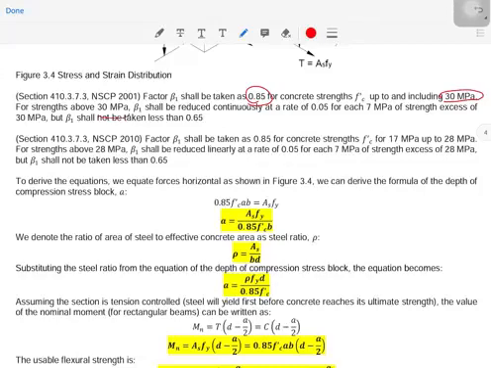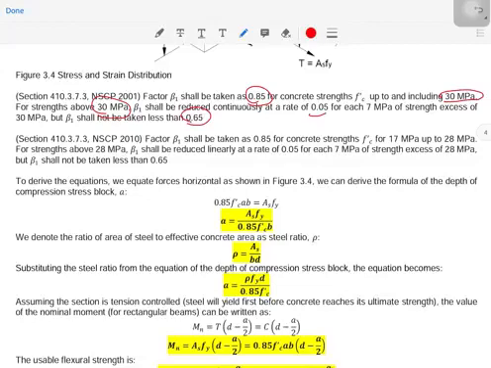For strengths above 30 MPa, beta 1 shall be reduced continuously at a rate of 0.05 for each 7 MPa of strength in excess of 30 MPa, but beta 1 shall not be taken less than 0.65. Okay, so that is the range.